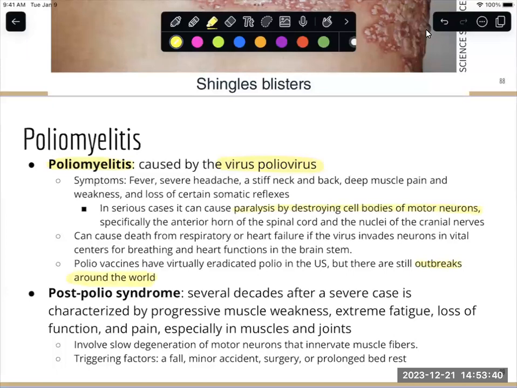It can go in and destroy those cell bodies that go to your diaphragm and or to your heart, and it can cause respiratory or heart failure because it can actually go into the breathing or heart centers of the brainstem.